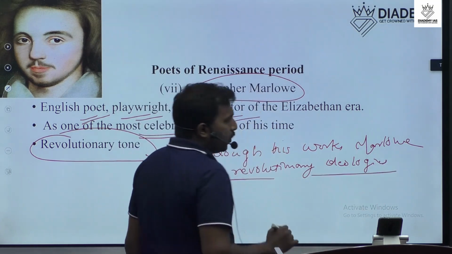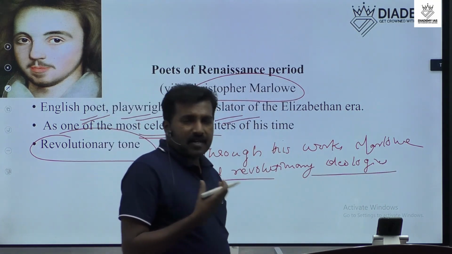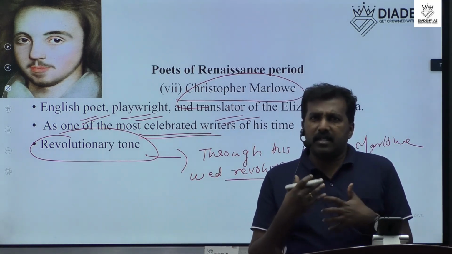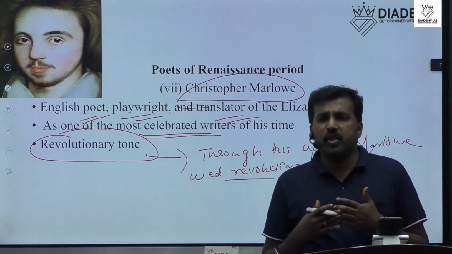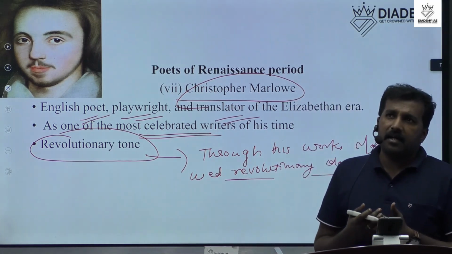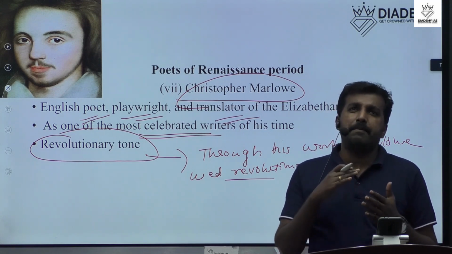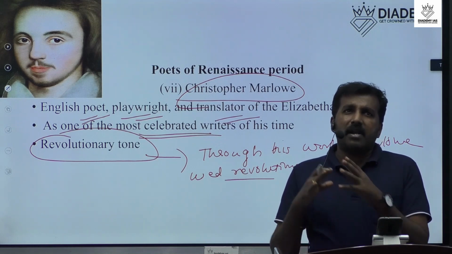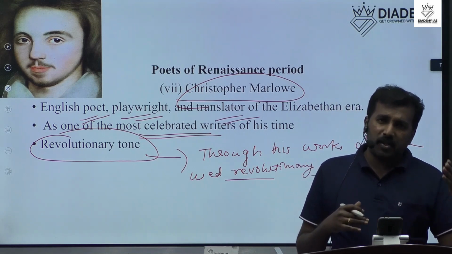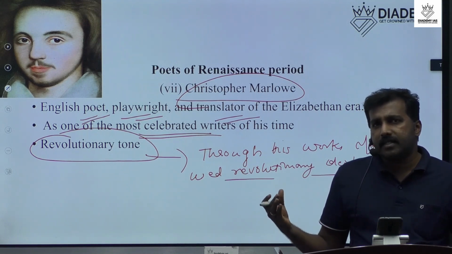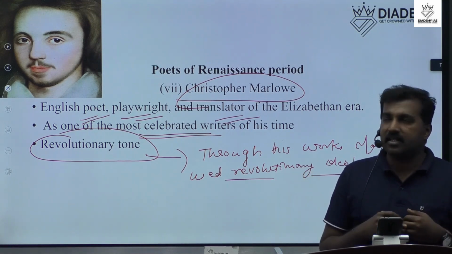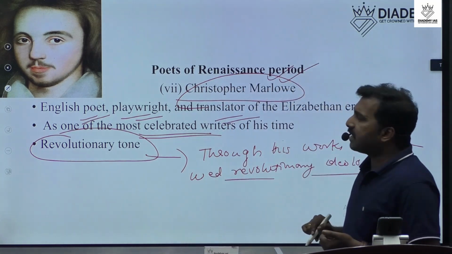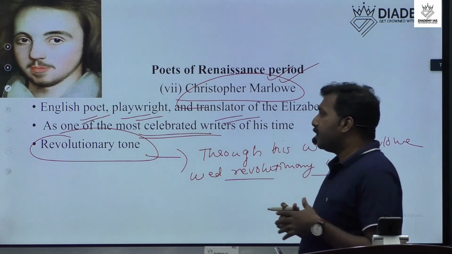That means the importance of rights and existence, and his poems were based on survival and social balance, how to exist in a society, the rights of people and partiality. All these are important themes he used in his work. So that's why Christopher Marlowe's works are considered to be in a revolutionary tone.